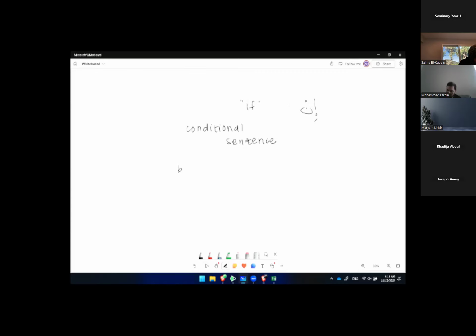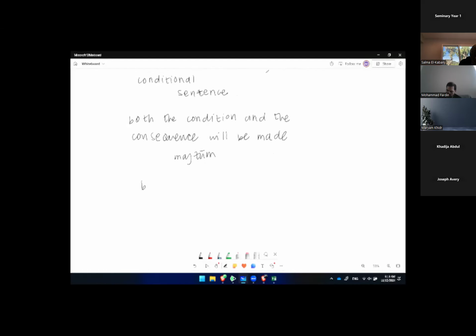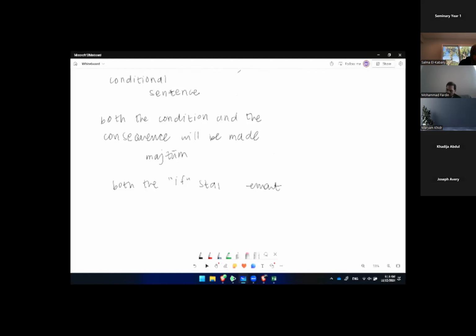Both the condition and the consequence will be made majzum. Both the if statement and the then statement will be made majzum.